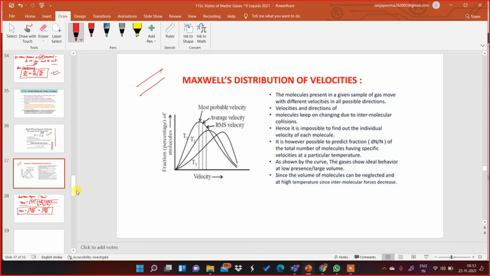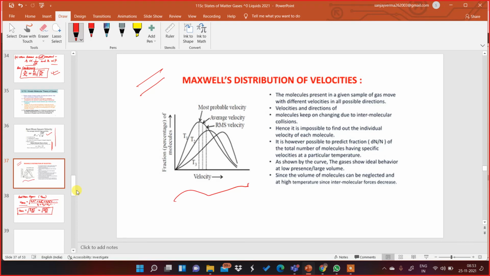You can see that temperature 2 is higher than temperature 1, and temperature 3 is still higher than temperature 2 and 1. So with the increase of temperature, what is happening? The velocities are changing. The velocities are becoming higher. That is the main concept to be understood here.